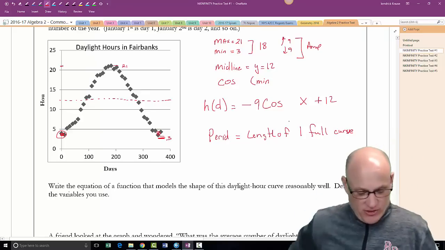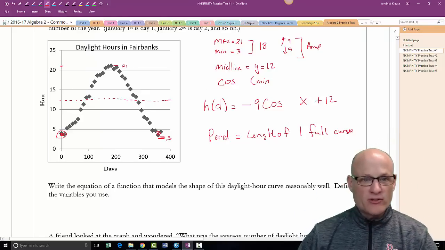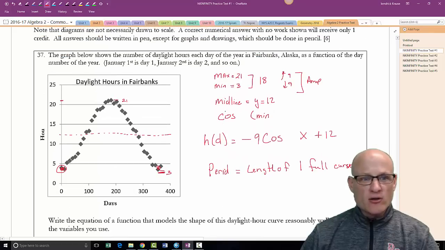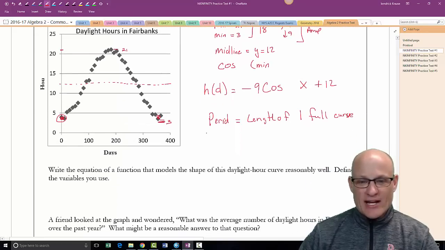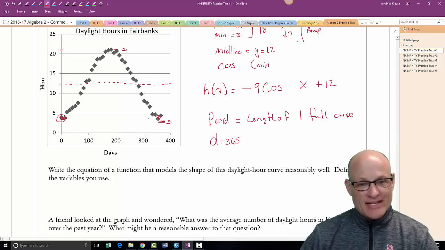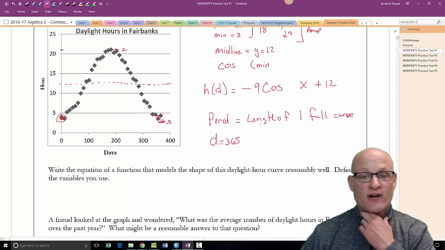Well, it looks like it finishes in about 300. Oh, well, we know it's going to finish. It's for a full year, right? So I know that my number of days is equal to 365. So it starts here, ends here, so it finishes one full curve in 365 days.